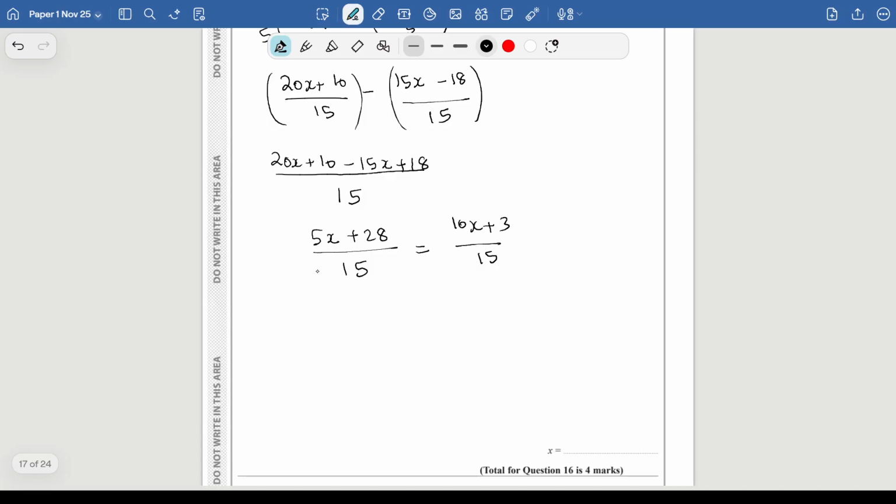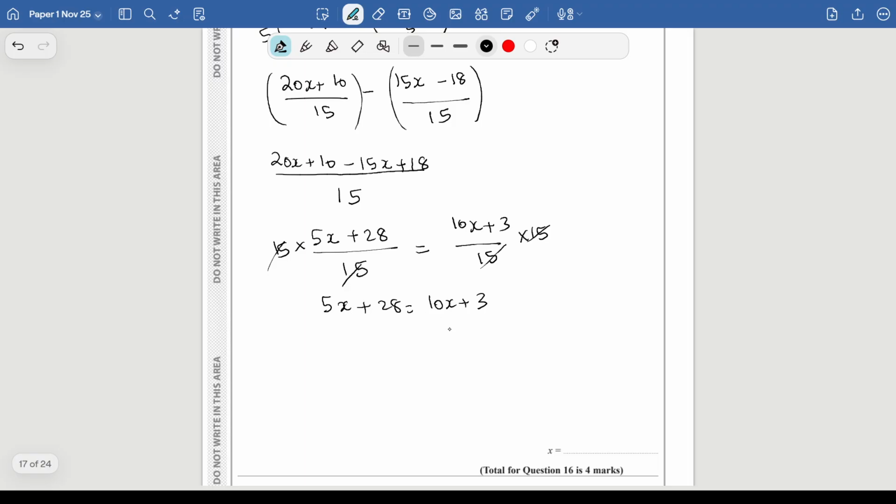Now here we see the denominators are the same for both sides of the equation. I can get rid of them by multiplying by 15 on both sides. So to have only the numerator part, 5x plus 28 is 10x plus 3.